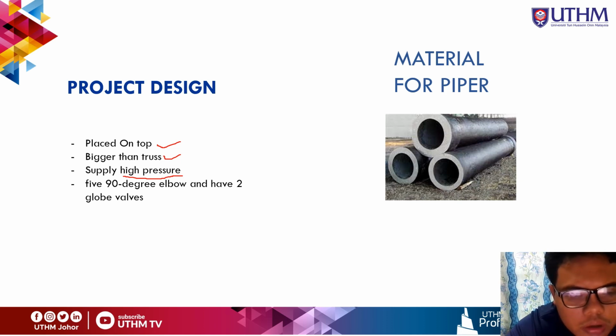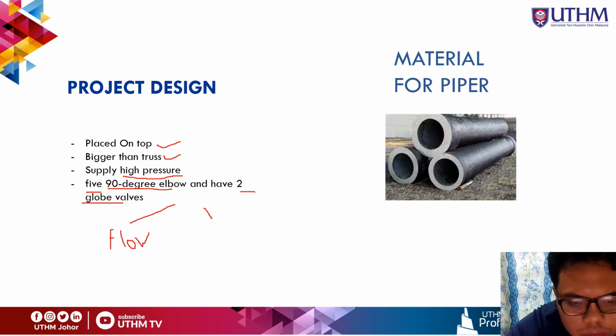We use 5 90-degree elbows and 2 globe valves. Their function is to change the flow and also to stop the water stream wherever needed.